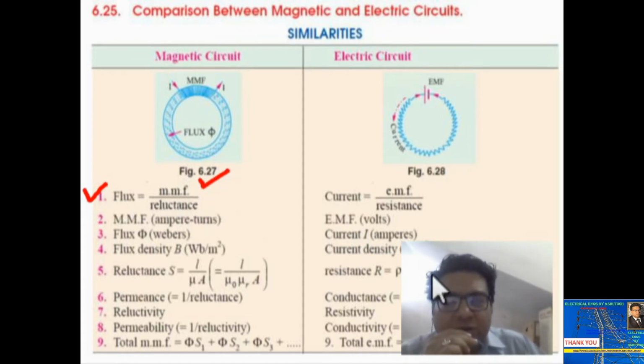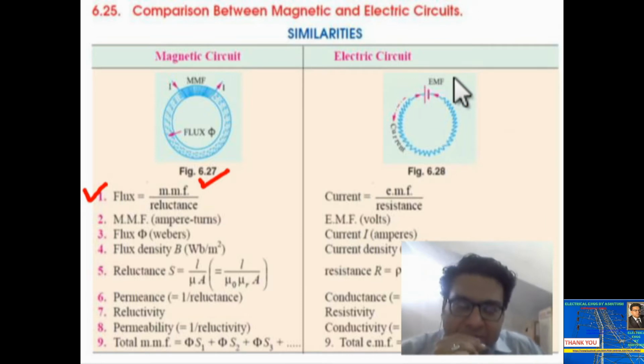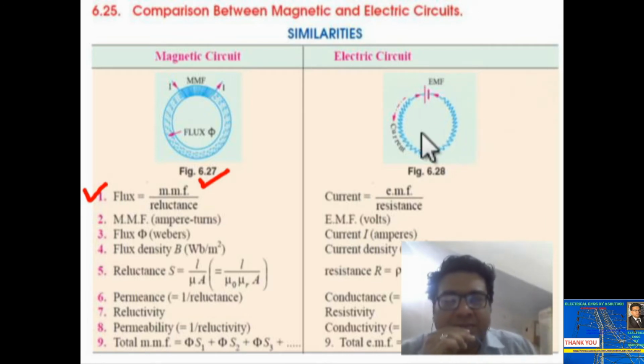Okay, and now we will talk about the electric circuit. You can see over here there will be an EMF, a battery voltage source, a DC voltage source. You can see this is the EMF source, and there will be a copper wire connected between these two electrodes. So there will be a resistance of the copper wire.